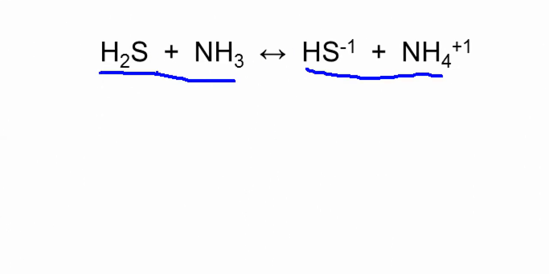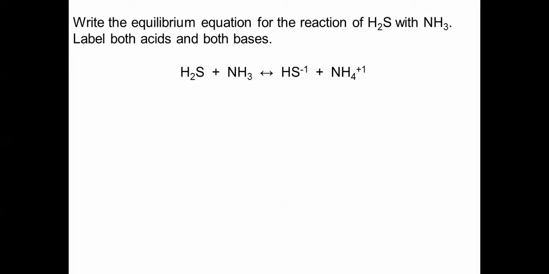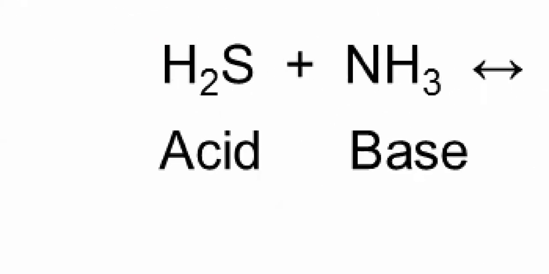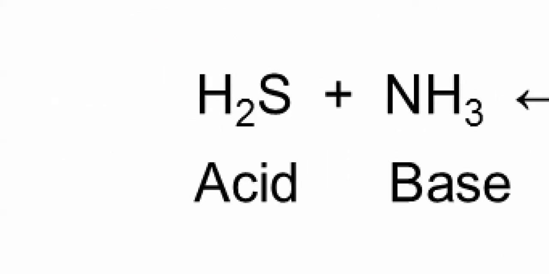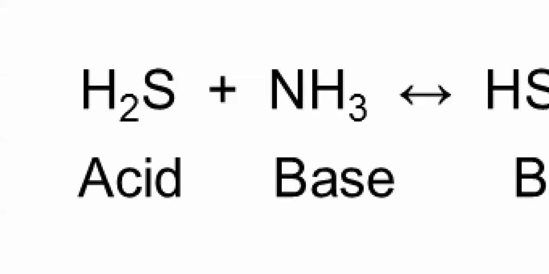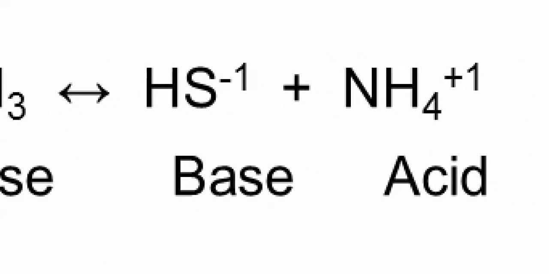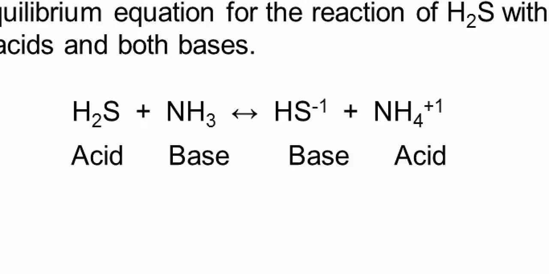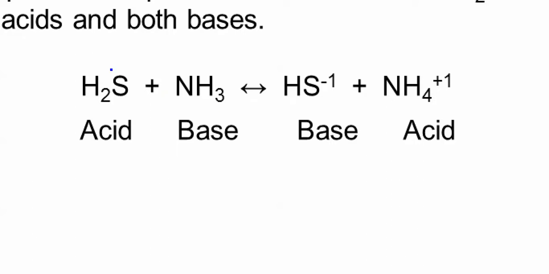Notice they're in equilibrium. And then if we were to go ahead and label these, they would be labeled like this, where the acid in this case is the H2S, because it's donating the proton, and the base is NH3, it is accepting a proton. And so in this equilibrium, you have two acids, one on the reactant side and one on the product side. And you also have two bases, but we're going to ignore those for now.